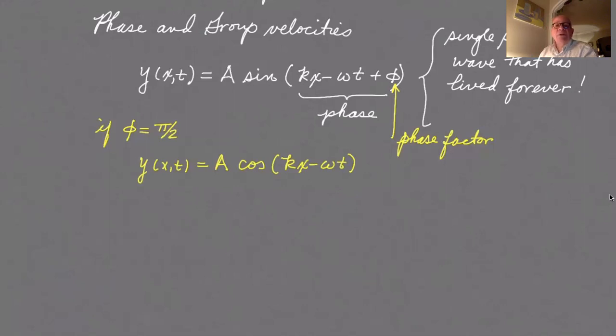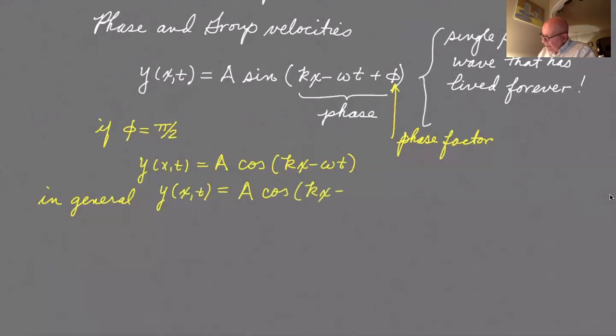So there's nothing magical about sines or cosines. We can interchange discussions between them. As a matter of fact, I like cosine better, so in general let's write y as a cosine function, cosine of kx minus omega t plus some phase factor.